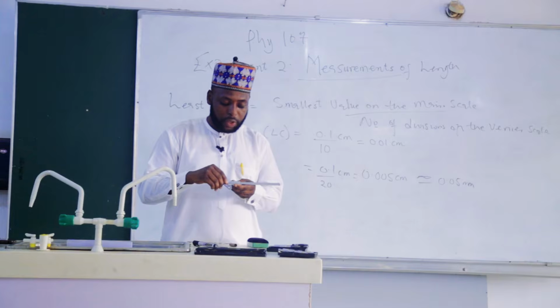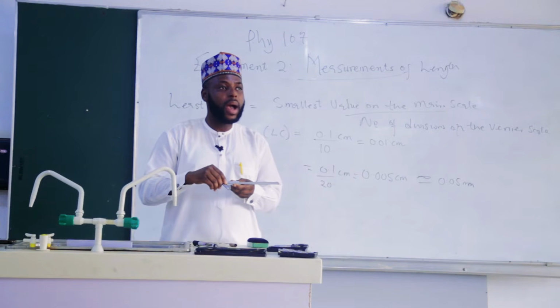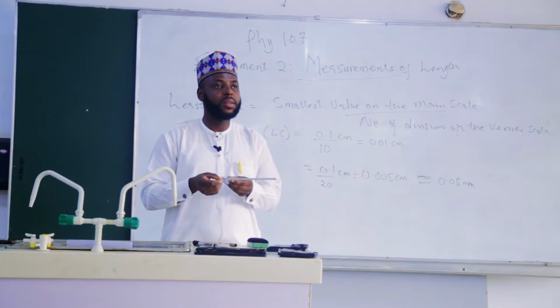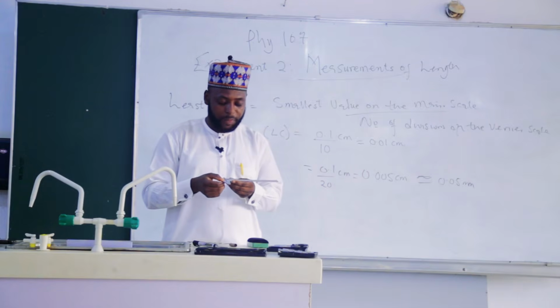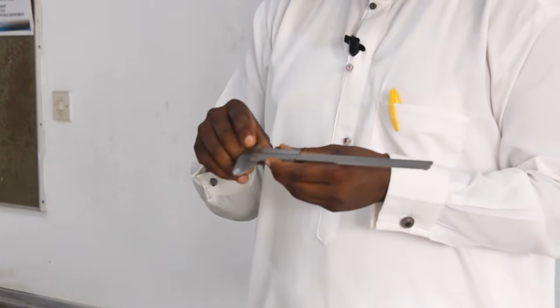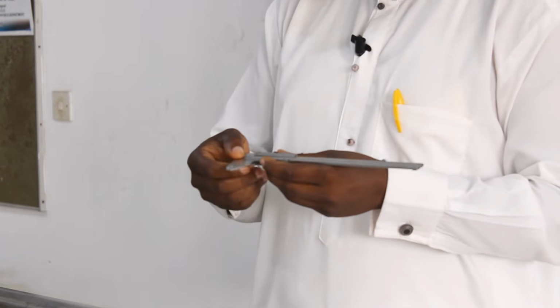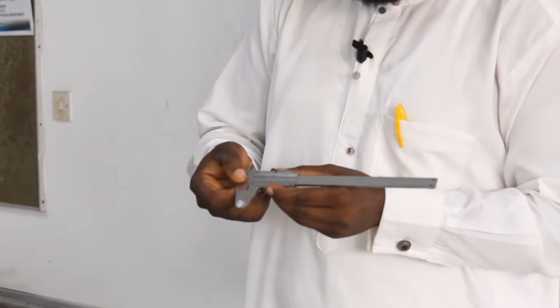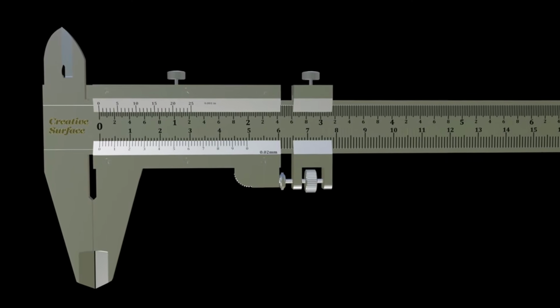So if the two markings are aligned, then it means that the instrument has no zero error. However, if there is any misalignment, take note of it as the offset that we'll use later on in the calculation. As you can see, this instrument has no zero error.